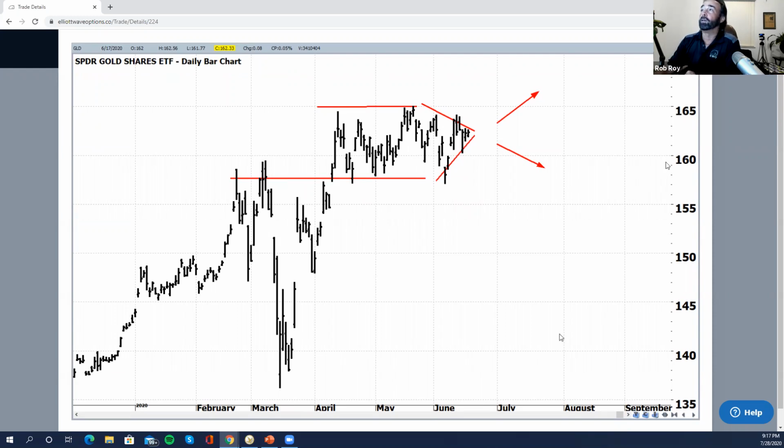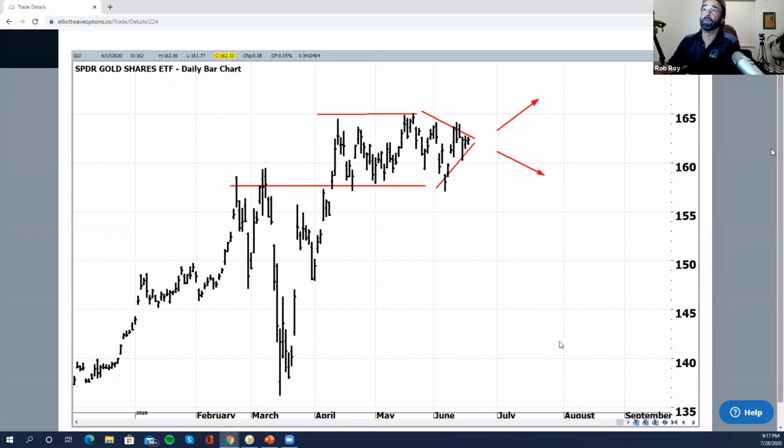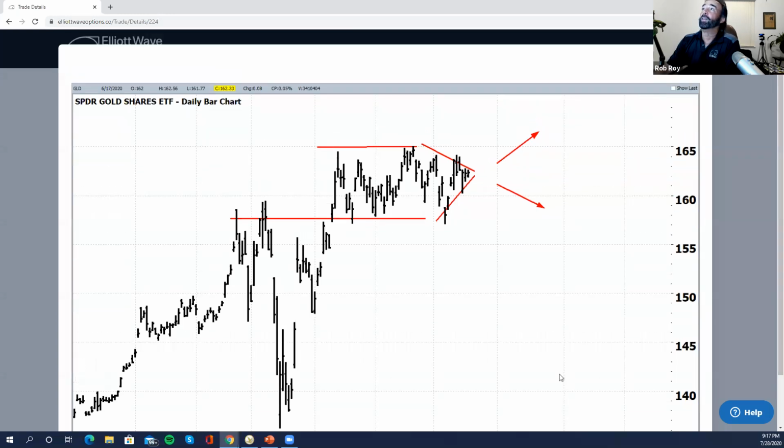So we had this interesting chart on GLD. It's a little bit different than normal, as you can see here, with the sideways move into this symmetrical triangle.